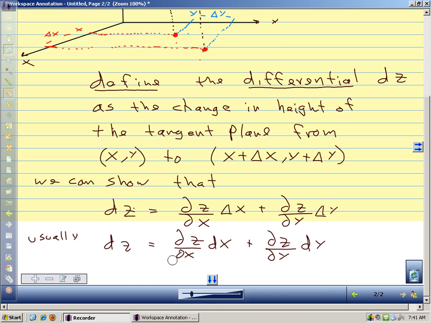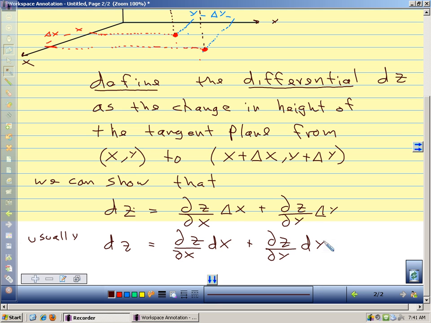And just so we're clear, we're not using this dx and this dy and this dz as infinitesimals. We're not saying that they're super tiny. This is just a shorthand notation for a small change in z, a small change in x, and a small change in y. So we're not using these dx's and dy's like we do when we write a derivative.